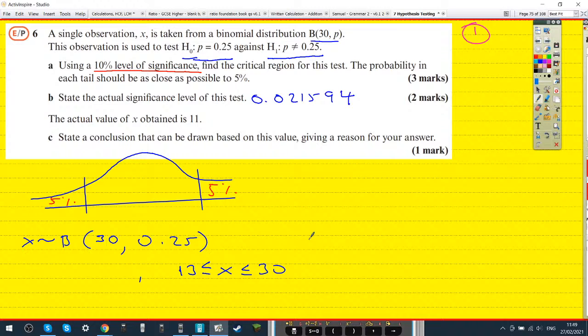I got 3 as the answer. So the lower critical region would be X is between 0 and 3. And what's the probability for that one? That is 0.0374445. All right, question B.